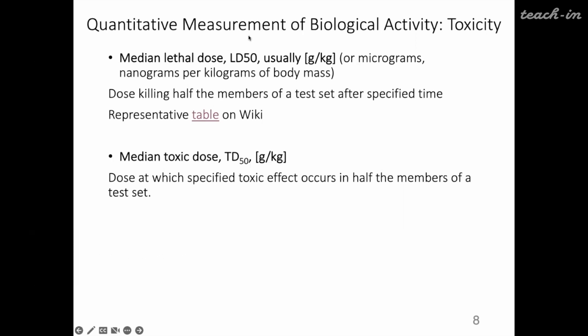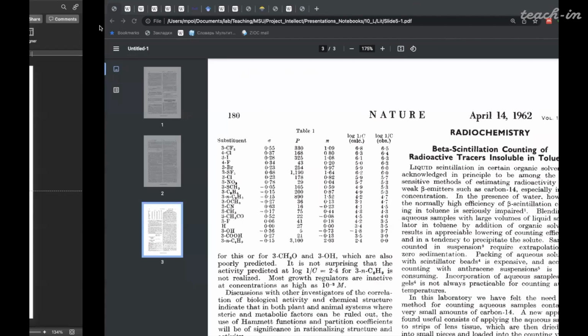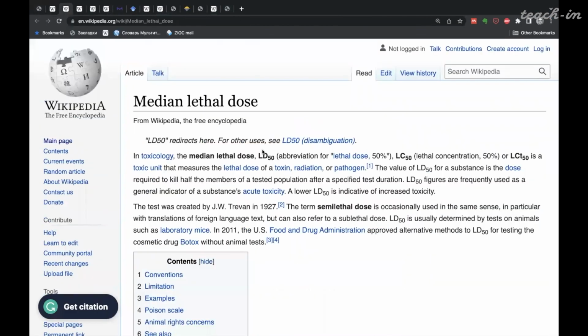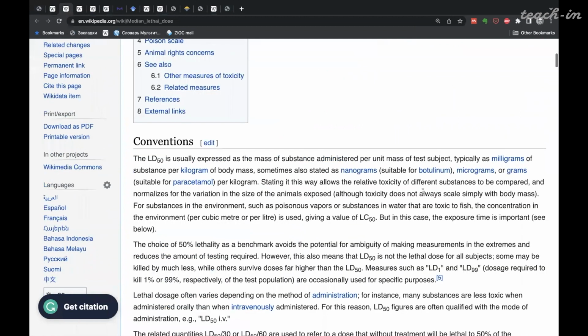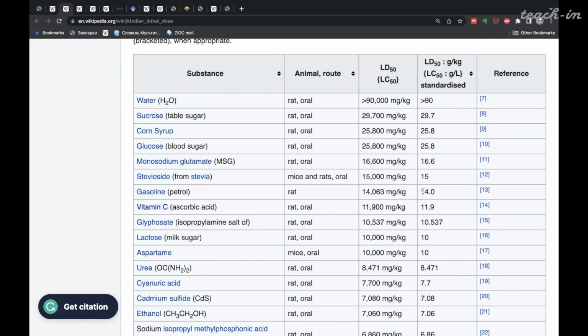So this parameter gives us the dose killing half the members of a test set after a specified time. And here I would like to make a reference to the table on Wikipedia, because this, in fact, is very illustrative.